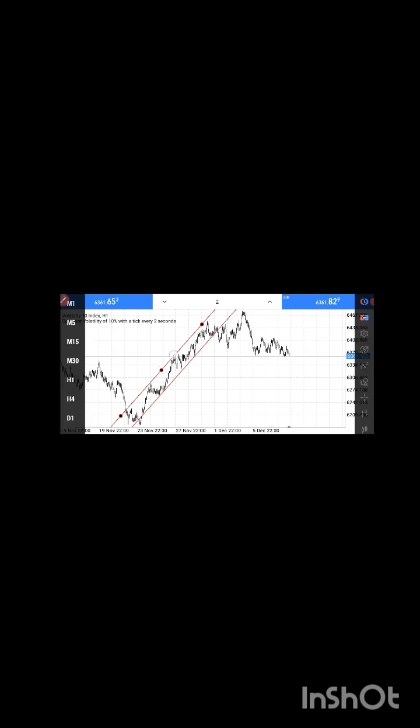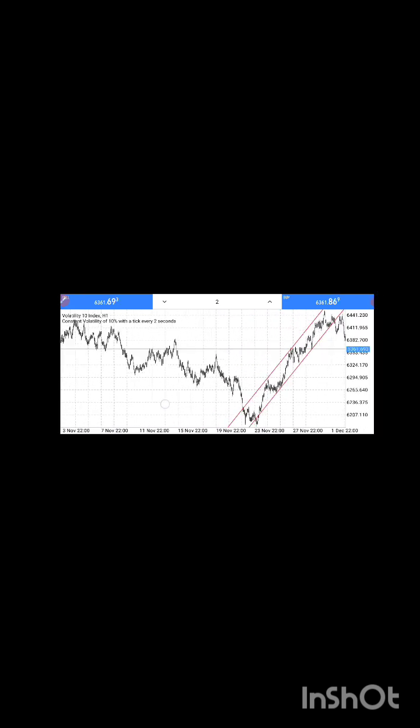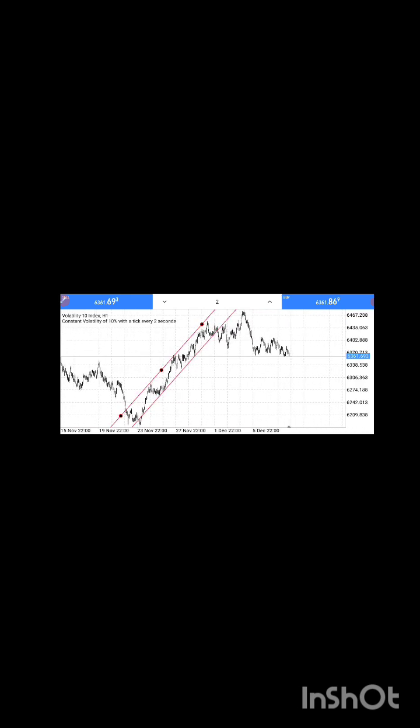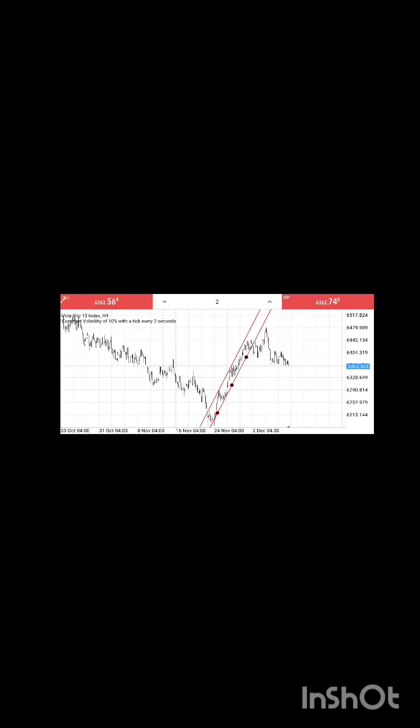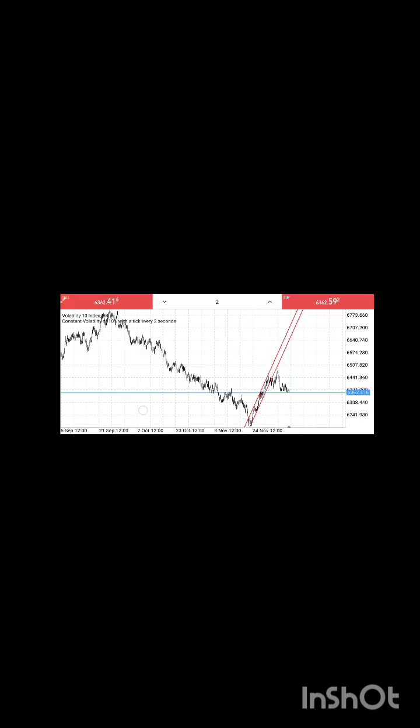Now, can we measure resistances and supports if we step up to a higher time frame than the one we're using? Because in this part one, we are using the lower time frames from 1 hour downwards. But I want to step up to check if the market is meeting a very strong support or resistance.